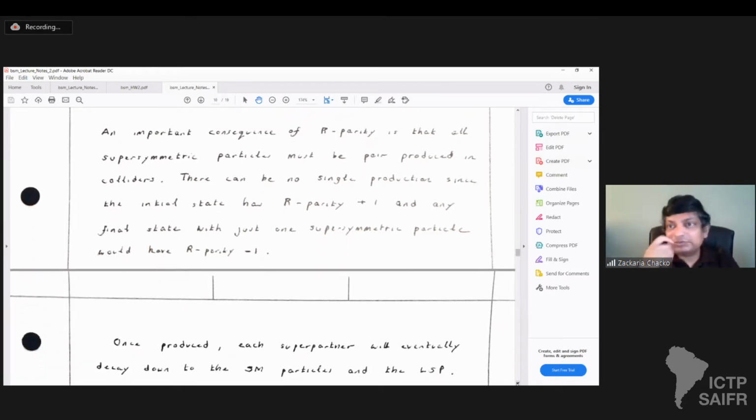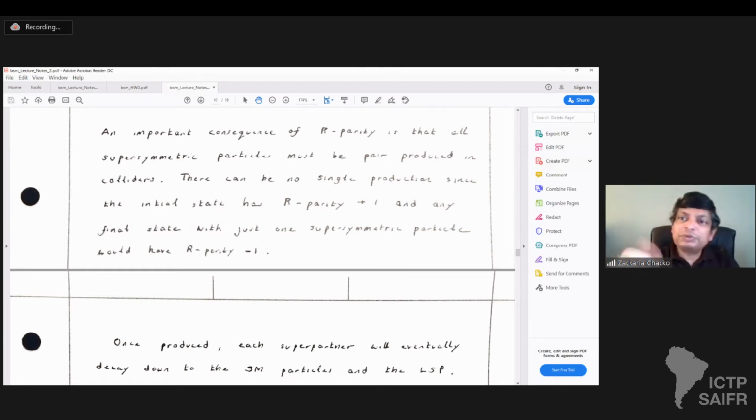So there's another very important consequence of R parity. R parity means that all supersymmetric particles must be pair produced in colliders. In other words, since the standard model particles all have even R parity, you're beginning with an initial state with even R parity, so the final state must also have even R parity.